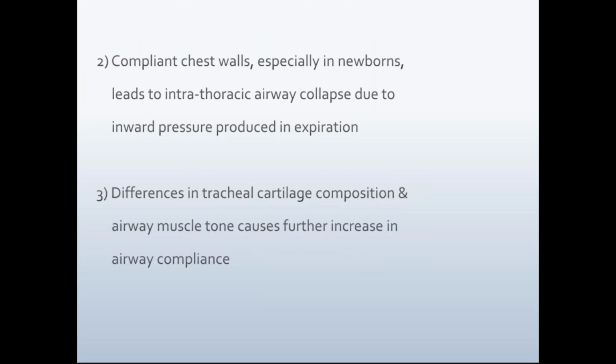And also a compliant chest wall, especially in newborns, leads to intrathoracic airway collapse due to inward pressure produced in expiration. This is one of the physiological mechanisms by which newborn babies are more prone to intrathoracic airway collapse, leading to wheeze more in infants. Another thing is differences in tracheal cartilage composition and airway muscle tone, which cause a further increase in airway compliance.